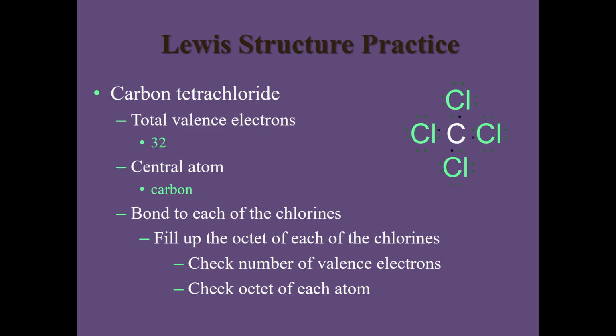We're going to put single lines for all of them. And then fill the octet on each of the chlorines, check the number of valence until we get to 8 on each of them, and then add more bonds if we don't, or stick extra electrons until we do. Again, I don't like this method.